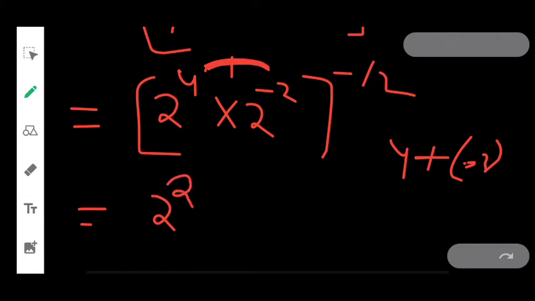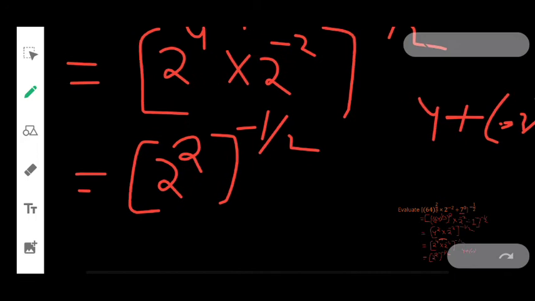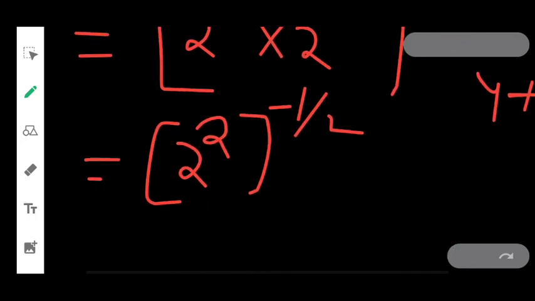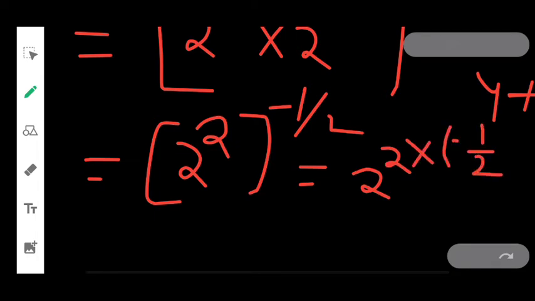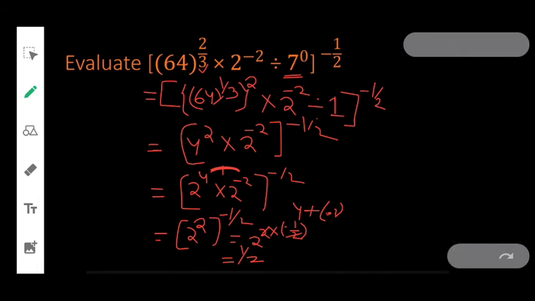So (2 to the power 2) whole power minus 1 by 2 will be 2 to the power 2 into minus 1 by 2. The 2s will be cancelled. 2 to the power minus 1 is 1 by 2. That is the answer.